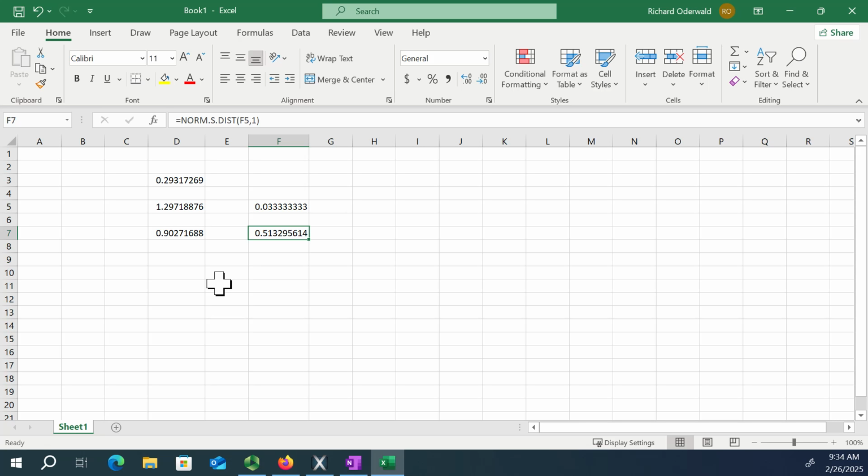We can put in whatever mean and standard deviation we want and let the computer do it. And what the computer actually does in this case is standardize it and look it up. It's doing the same thing we were doing the hard way, because that's the easiest calculation to make, but we don't need to know what's going on in there anymore.